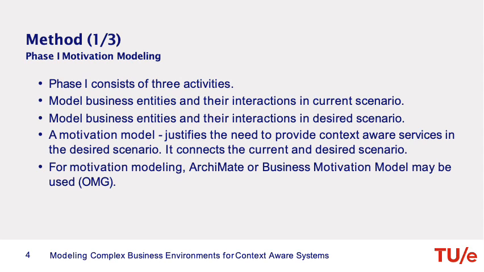In the desired scenario, there might be new business entities, new interactions, and new value exchanges. In the paper, I recommend E3 value modeling technique to model the current and desired scenarios.